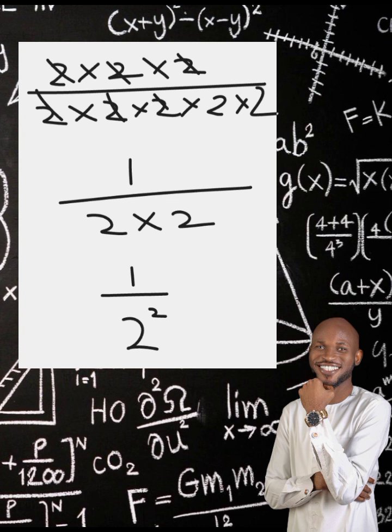Okay, now by expansion we have been able to break our equation down to 1 over 2 raised to the power of 2. So 2 raised to the power of 3 divided by 2 raised to the power of 5 by expansion gave us 1 over 2 raised to the power of 2.